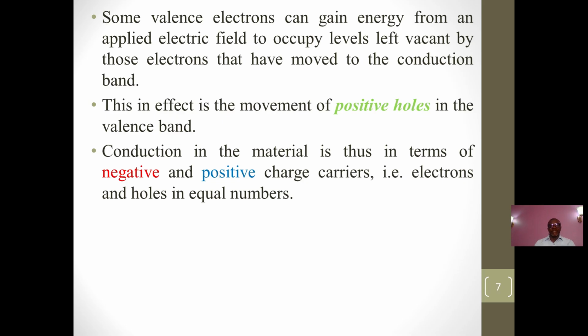Now, we are saying that when you have that negative charge, call it electrons. When you have the positive charge, you call it holes. Meaning that for conduction to take place, this negative charge must move to take over the positive charge, while that positive charge will move on. As this is happening, it constitutes the flow of current.